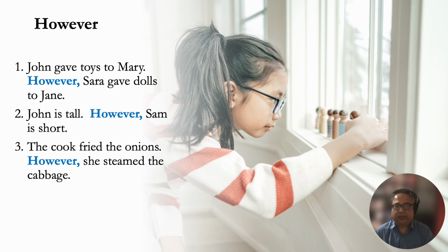So there are two different things happening. John gave Mary toys, but Sarah gave Jane dolls. That's the contrast: toys and dolls. John is tall, however, Sam is short. So tall and short. The cook fried the onions, however, she steamed the cabbage. So as you can see, however connects two ideas that are not similar in meaning.